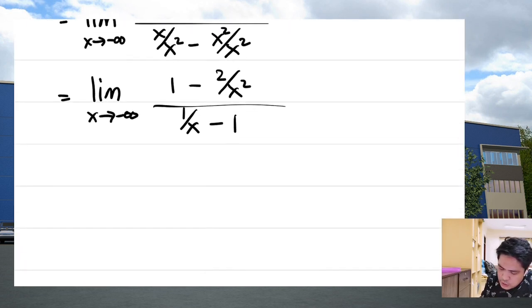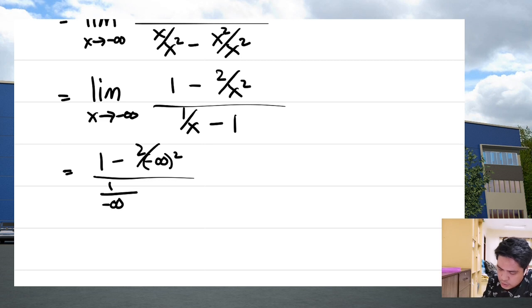Okay? Then, pwede na tayo mag-evaluate if we substitute x with negative infinity. Okay? So this becomes 1 minus 2 over negative infinity squared divided by 1 over negative infinity minus 1.